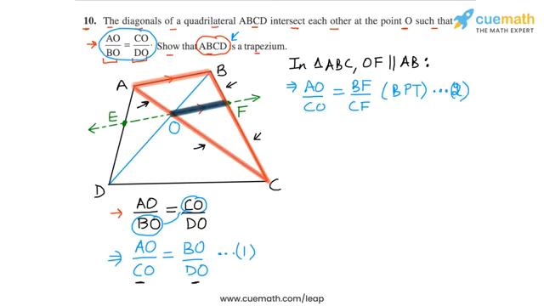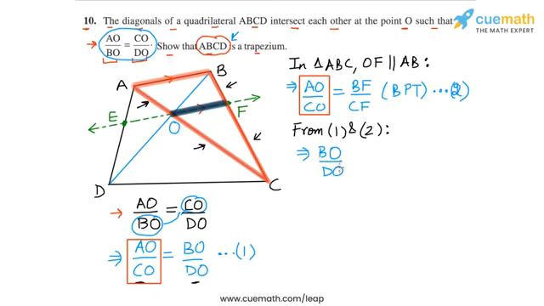Okay, now if we compare equations 1 and 2, in equation 1 we have the LHS as AO by CO, in equation 2 we have the LHS as AO by CO again, and this means that the RHS in the two equations will be equal. So from 1 and 2 we can now say that BO by DO is equal to BF by CF.